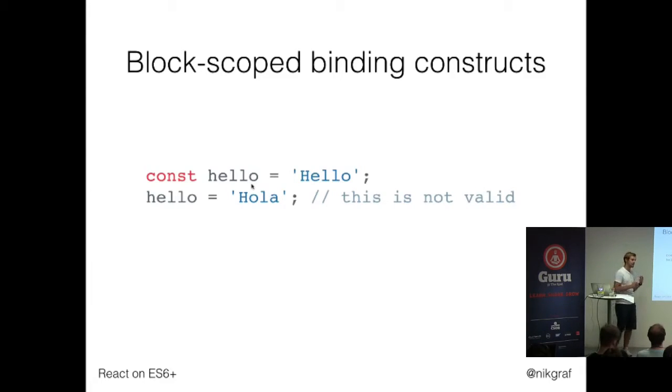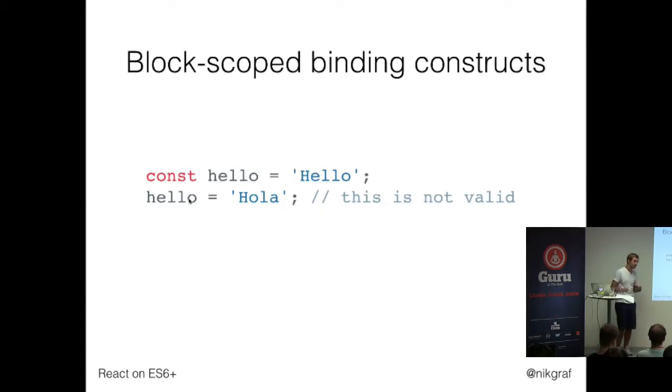So instead of using var hello equals hello, you can simply use const now. And whenever you try to reassign anything to this variable, Babel, or in my case the editor, which is faster because I have syntax linting, will not compile and tell you this is not valid.